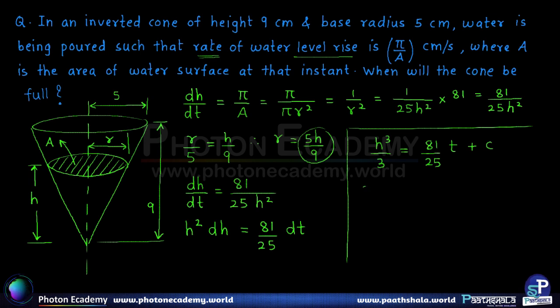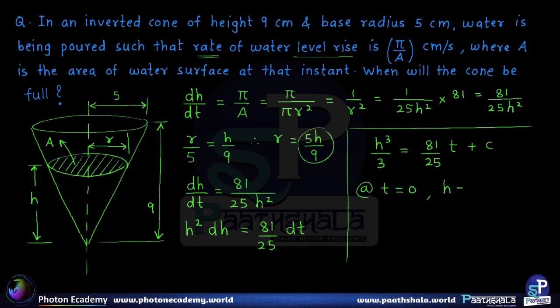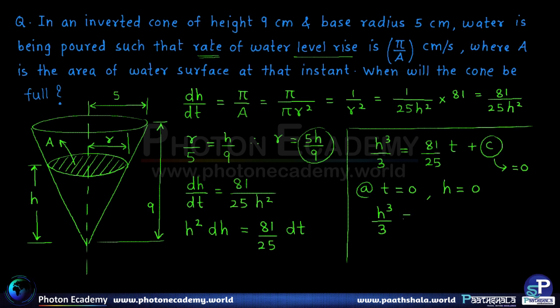We know that in the beginning, that is when t is 0, there was no water in the cone. That means the height of the water column is nothing but 0. So when we put h as 0 and t as 0 in the above equation, we get clearly value of c to be equal to nothing but 0. So therefore we have h cube upon 3 is equal to 81 upon 25 into t.